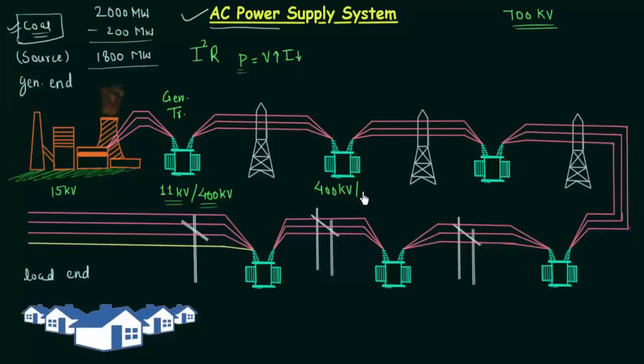we will step down the voltage to 220 kV. The primary side of the transformer is getting 400 kV and the secondary side of the transformer is giving us 220 kV.